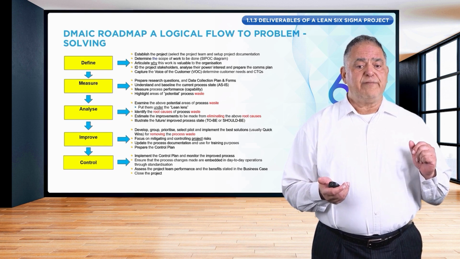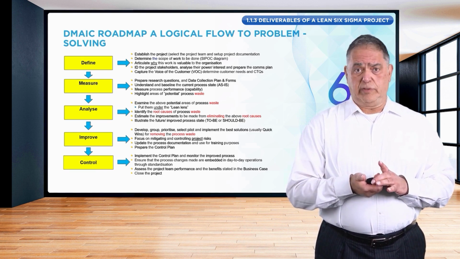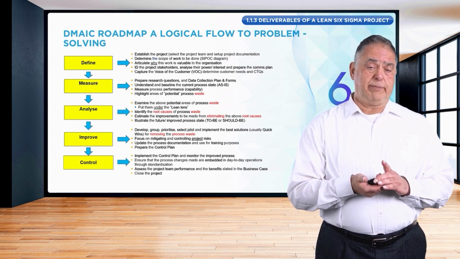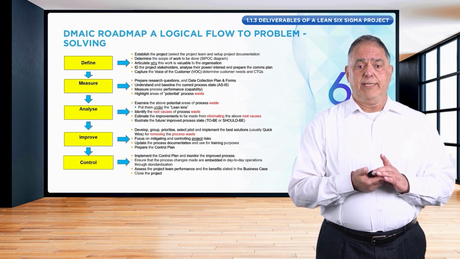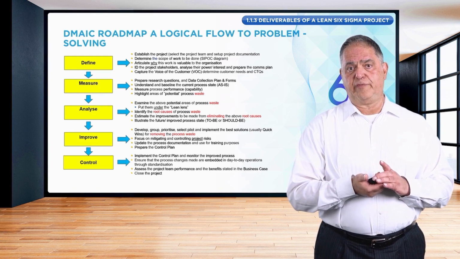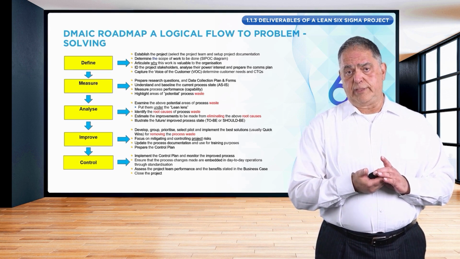And finally, after we hand over the improved process to the day-to-day operations, which is typically represented by the so-called process owner, then we have to go through a series of administrative tasks associated with the project.